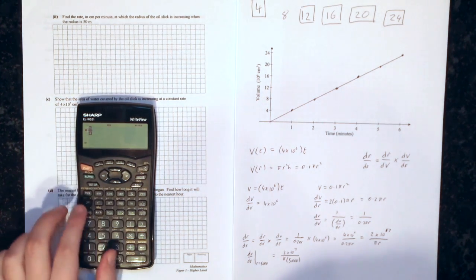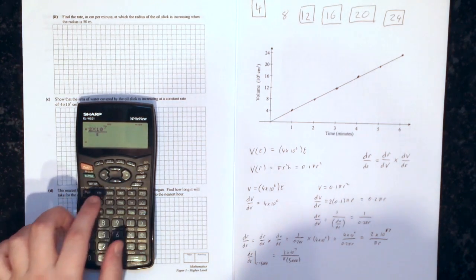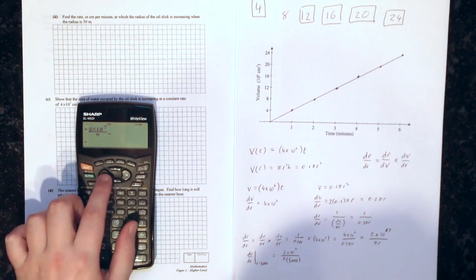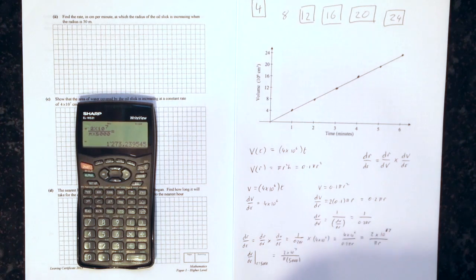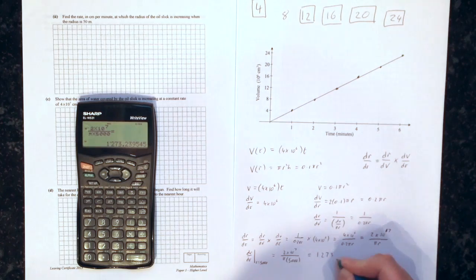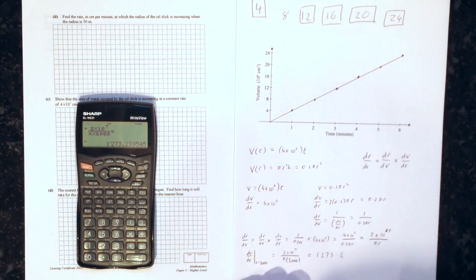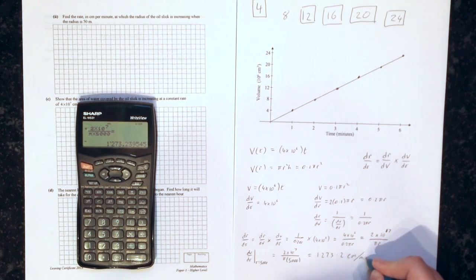So we've got 2 by 10 to the power of 7 divided by pi times 5,000. And that is equal to 1,273.2. So this is the rate at which the radius of the oil slick is increasing when the radius is 50 meters. So this is 1,273.2 centimeters per minute.